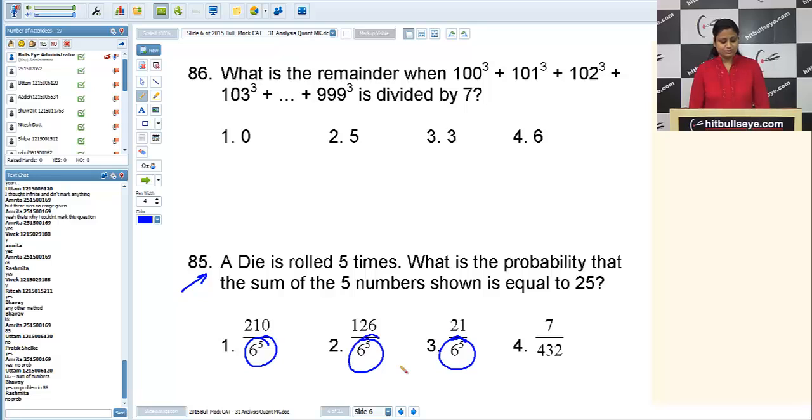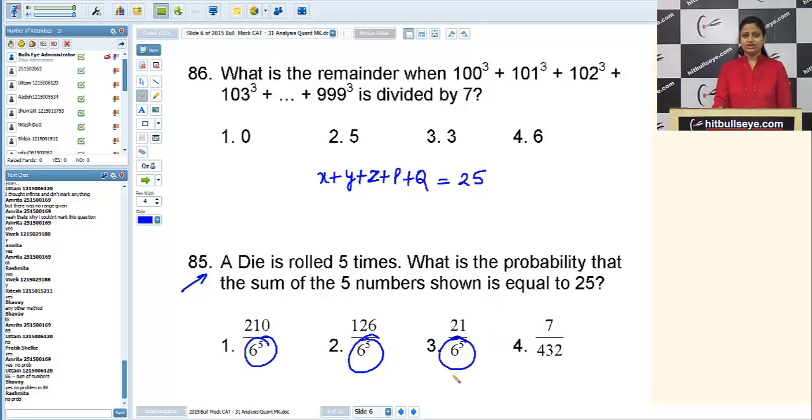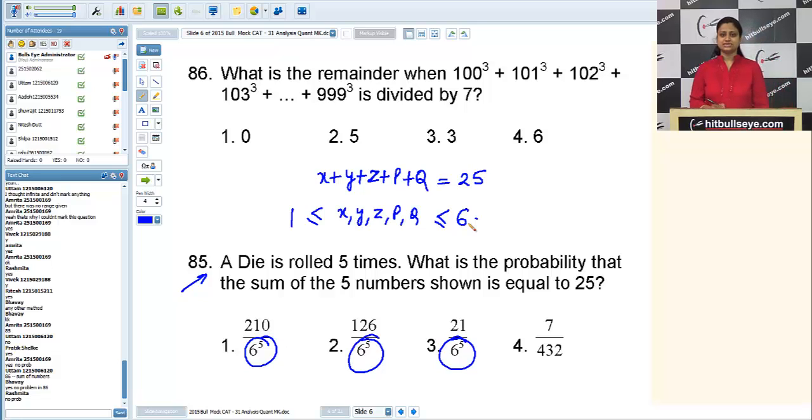It says, what is the probability that the sum of 5 numbers shown is equal to 25. Now it was difficult. Say the outcomes are x, y, z, p, q. Their total should be 25. We cannot apply any formula directly here. Why? Because there is a condition that all the variables, because we are talking about a die, can take values from 1 to 6.